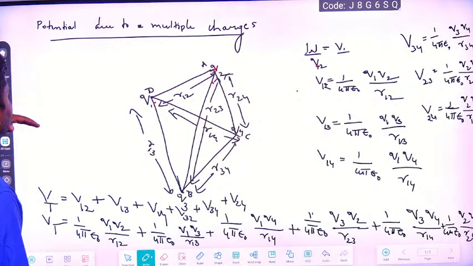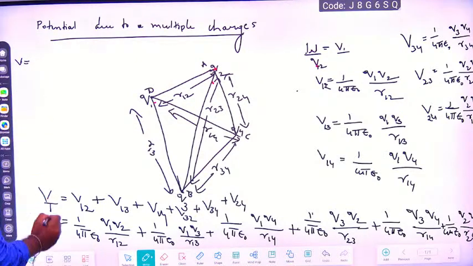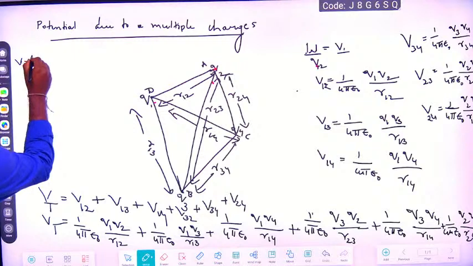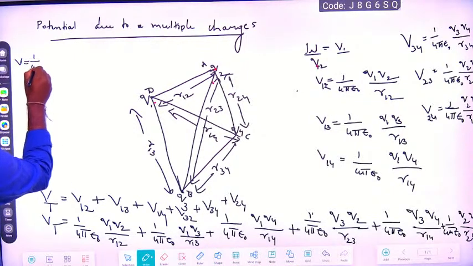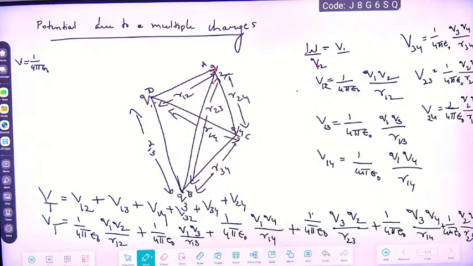Now I'll just write here. So V total, okay, total potential V is equal to 1 by 4 pi epsilon naught, Q1 is common, 1 by 4 pi epsilon naught. Shall I take the next slide?